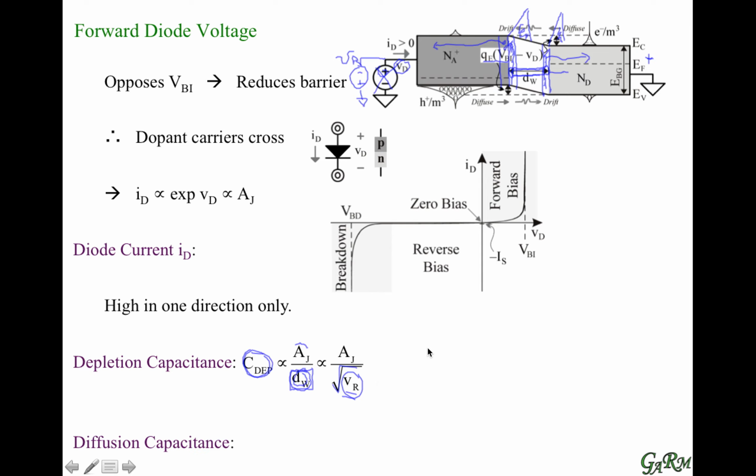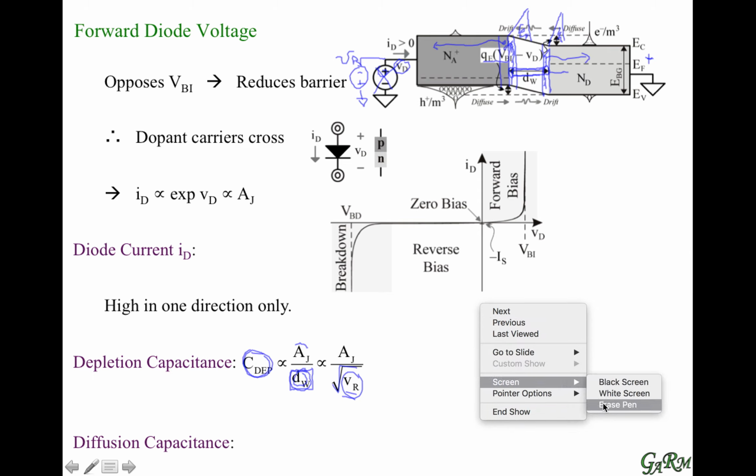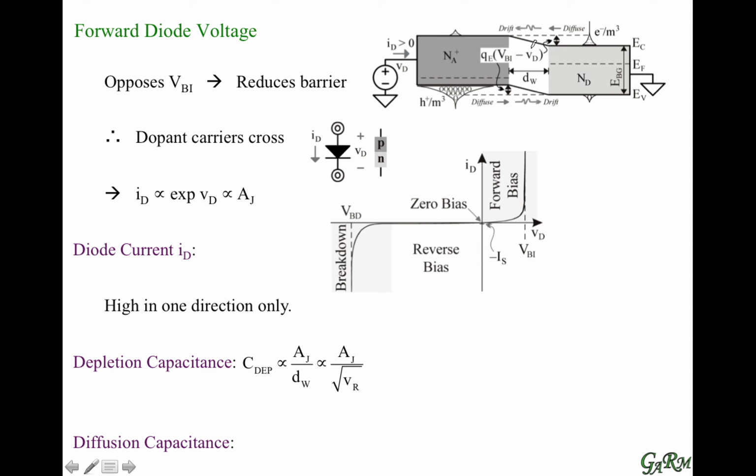We also have what we call diffusion capacitance, and let's remove markers here to talk a little bit about that. When we're forward biased, we have holes here that are crossing the junction and reaching the N-type material. Well, holes require time to cross the junction. This is the forward transit time.